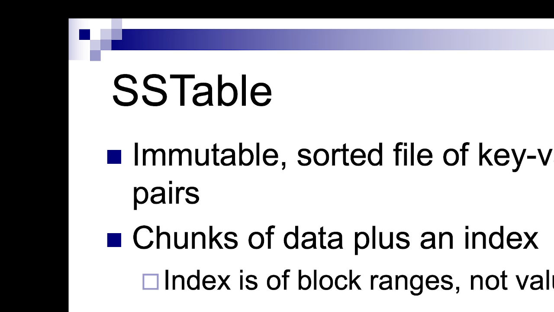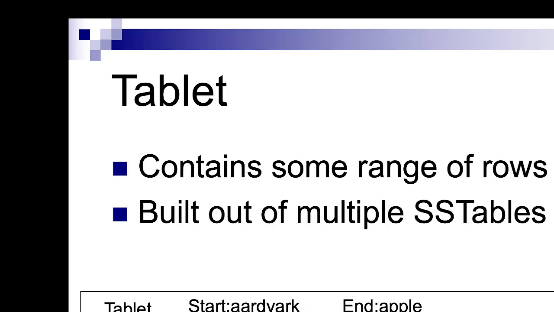This is the SSTable. You can pause over it and see how the chunks are laid out. It is an immutable sorted file of key value pairs where the data can be indexed in block ranges, not the values. These chunks, when seen on a broader level, can be distributed into tablets.